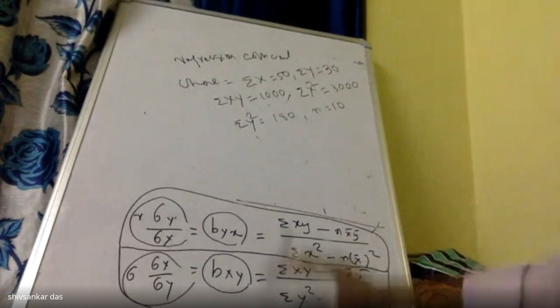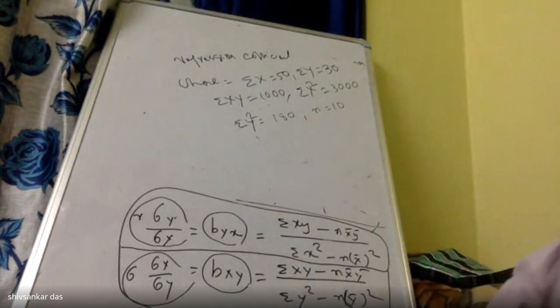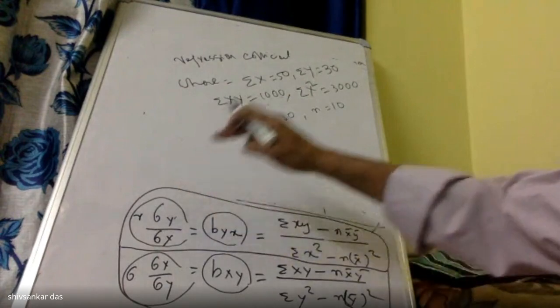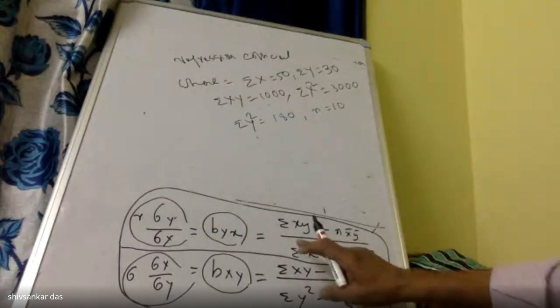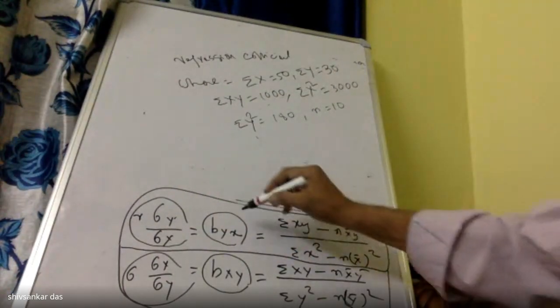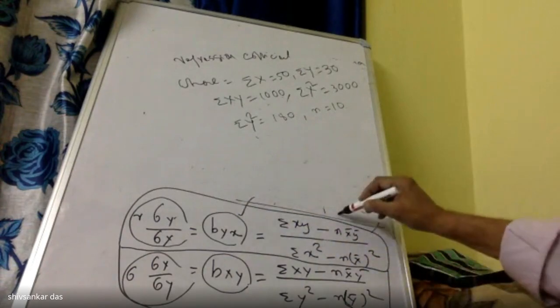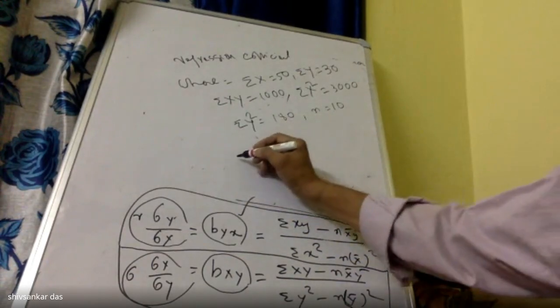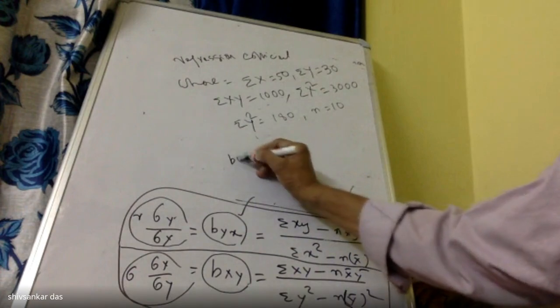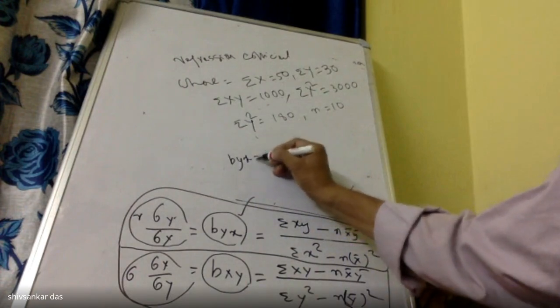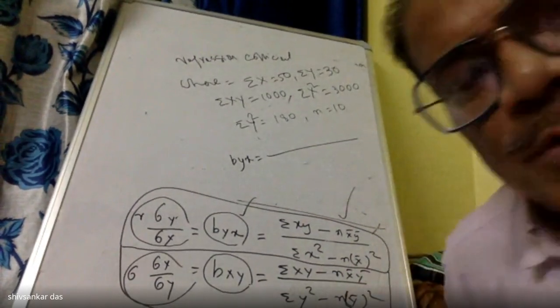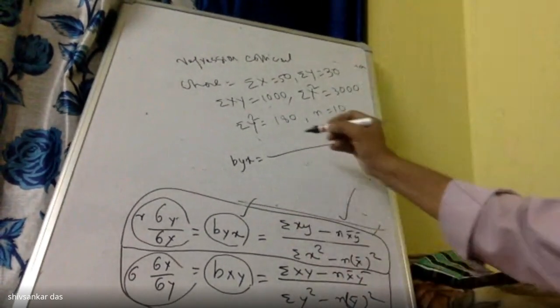Okay, so we want to find the regression coefficient of y on x. Let us adopt this formula. First we'll write b yx is equal to, somebody tell me, summation of xy.